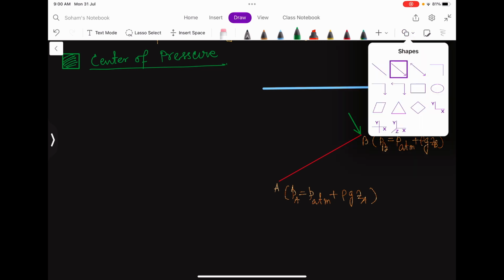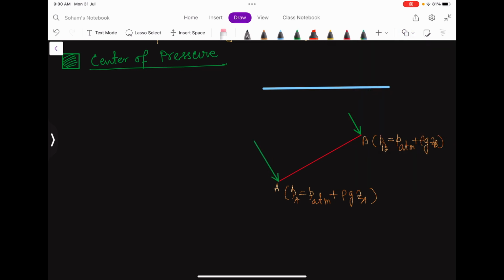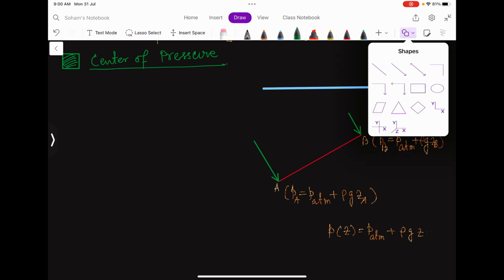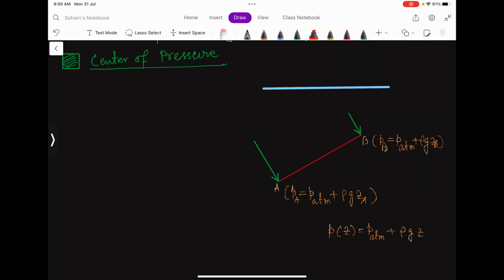This arrow is depicting the pressure force on A. Now the equation of pressure at any height Z is P ATM plus rho GZ, so that is a linear relationship. That means the variation of pressure from point B to point A is linear. So let me join these two tips of arrow.